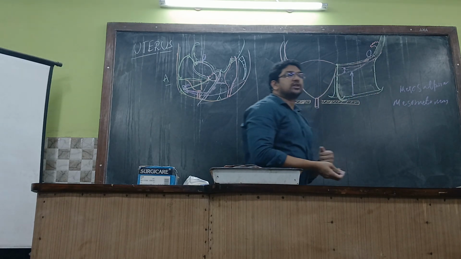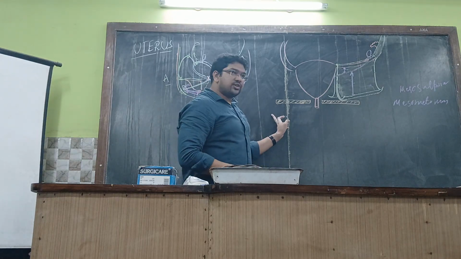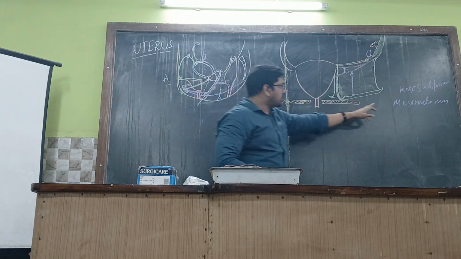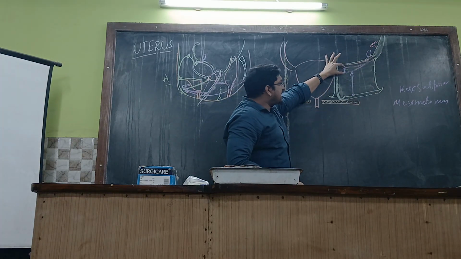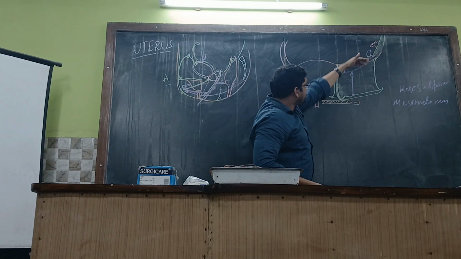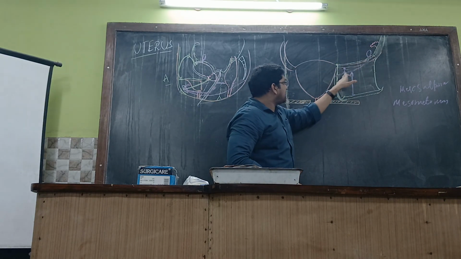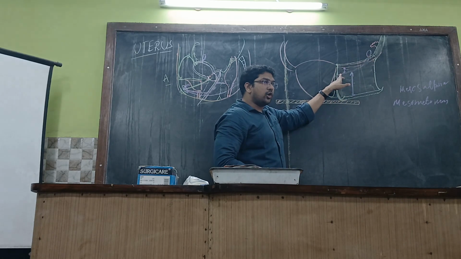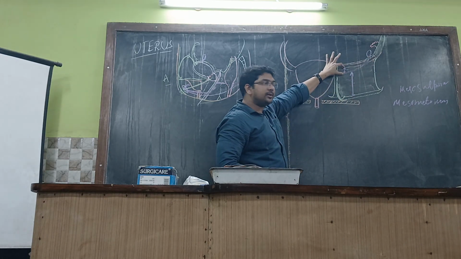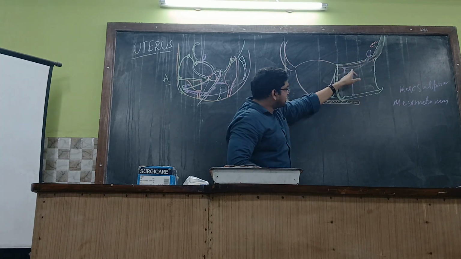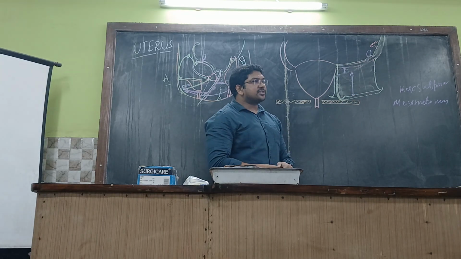Metrium means uterus. Okay. Parametrium or mesometrium. So this part in between the fallopian tube and the ligament of ovary and ovary, if you take it as a boundary over here, this is the lower boundary of the mesosalpinx, and from this downwards, this entirely is termed as the mesometrium.